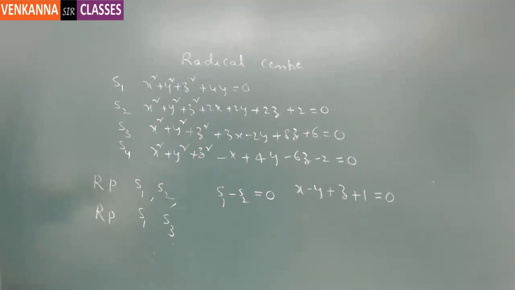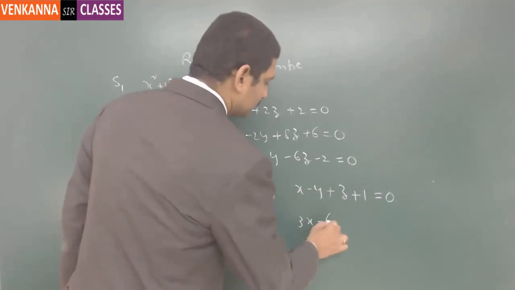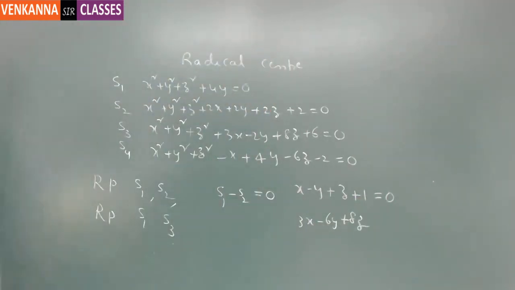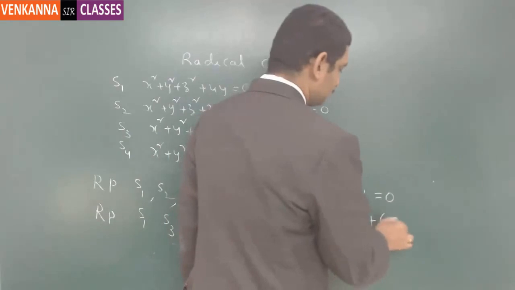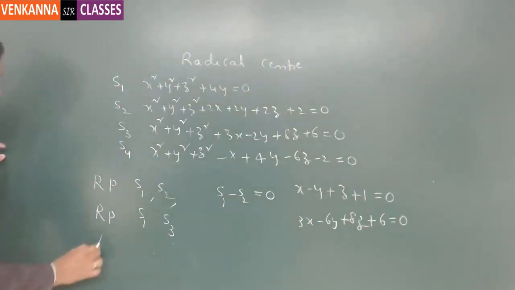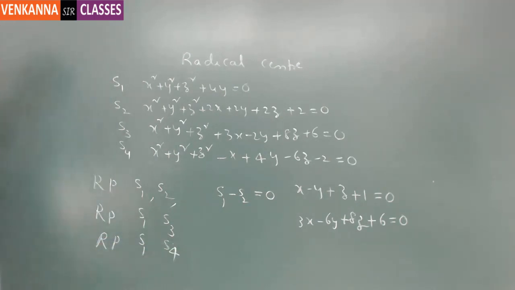So if you subtract them, you will get the equation as 3x minus 6y plus 8z plus 6 equal to 0. And you can go for the radical plane of S1, S4, subtracting which you will get that.